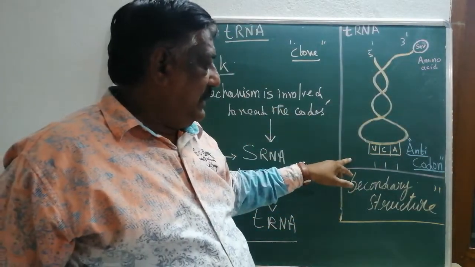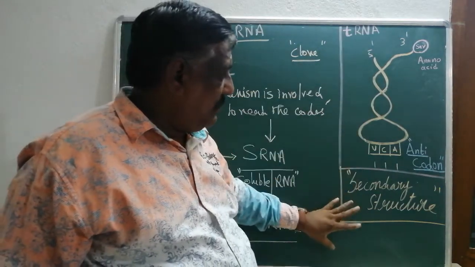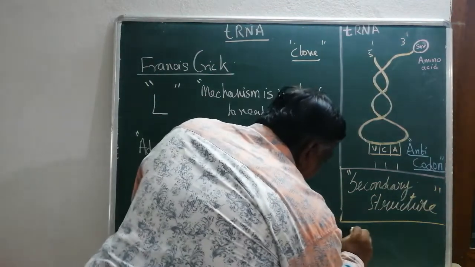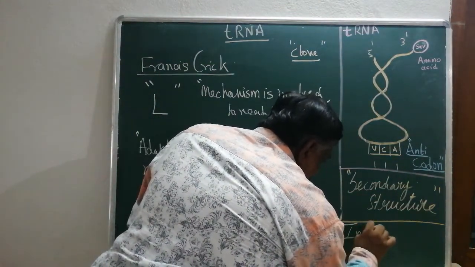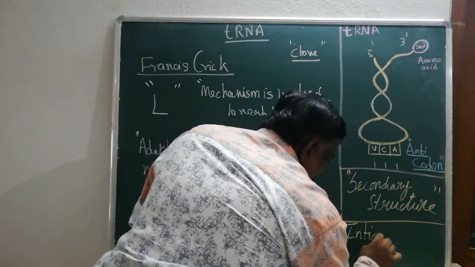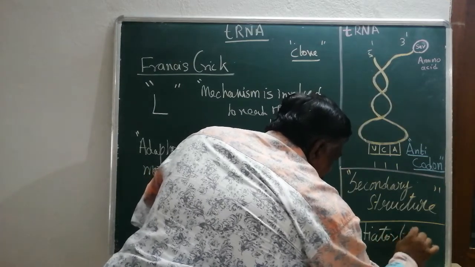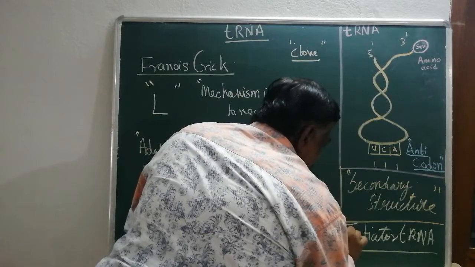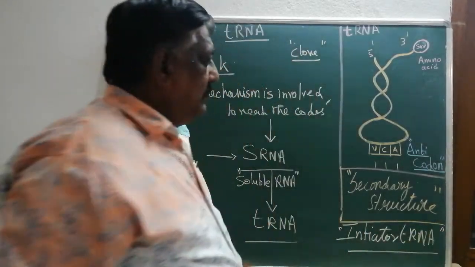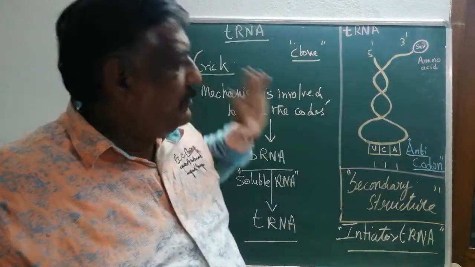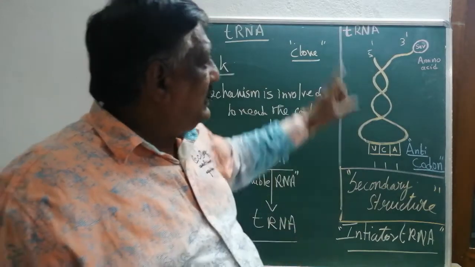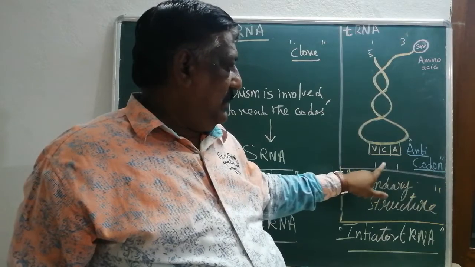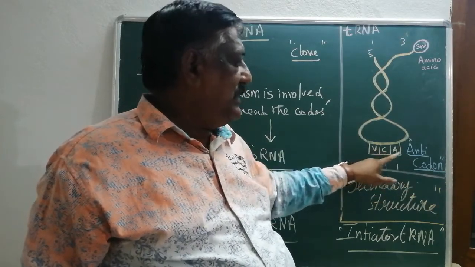This secondary structure tRNA which I have drawn is the initiator tRNA. It is called the initiator tRNA because in the whole process of protein synthesis, this tRNA comes first, because it has the anticodon UCA.